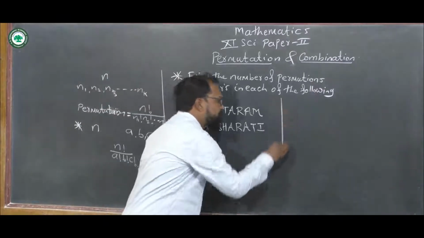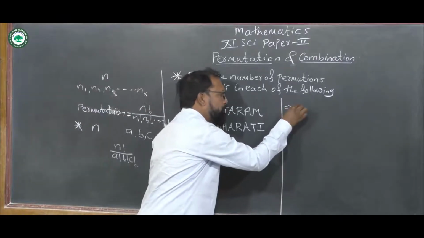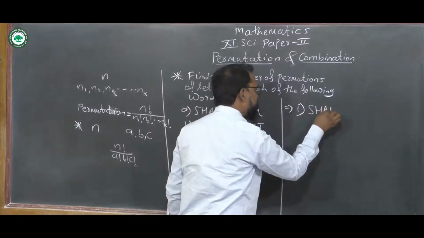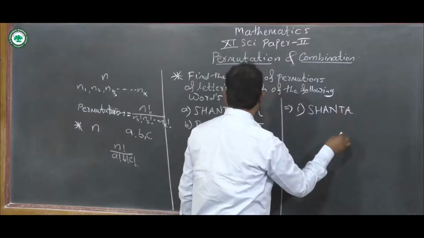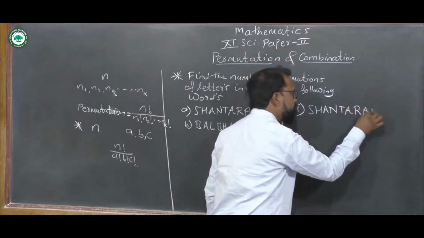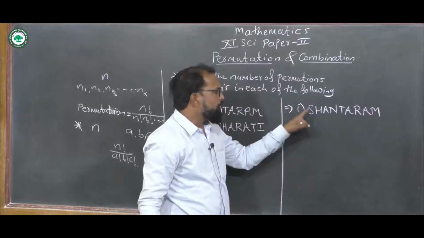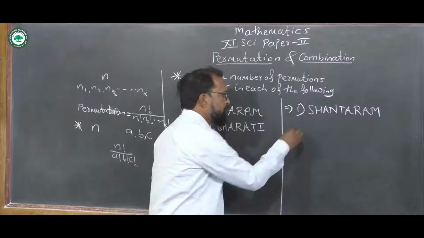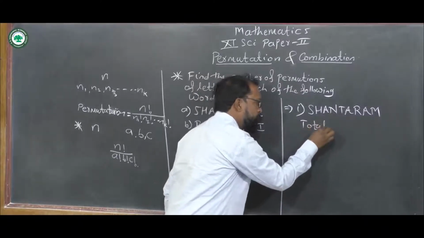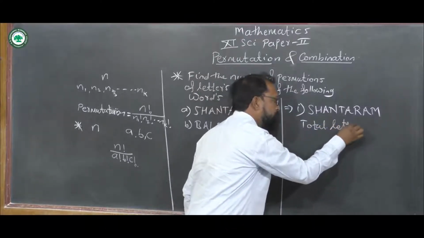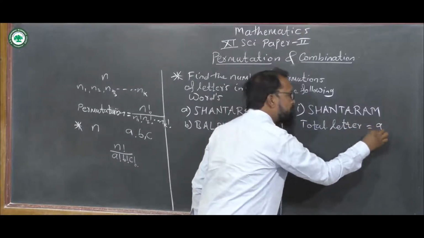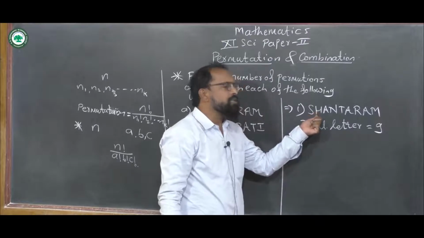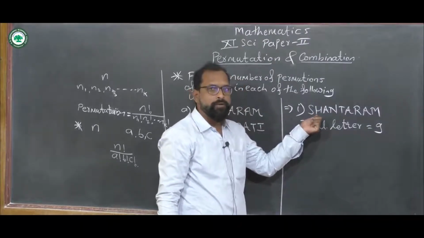Now see here in the solution, for number 1, the word Shantaram. In Shantaram there are 1, 2, 3, 4, 5, 6, 7, 8, 9 letters. Total letters are 9. Now if you observe, all these 9 letters are not distinct or not different.